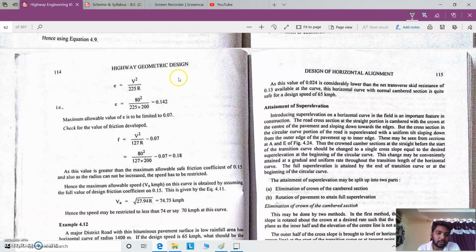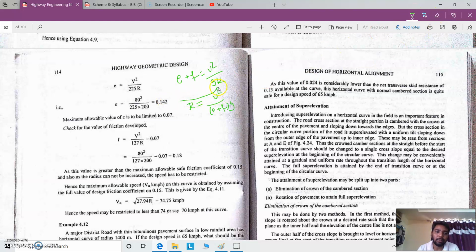In that case we can consider the formula e plus f equal to v square by gr. In this case R can be calculated by rearranging the terms: R equals V square by (e plus f) into g. Do remember this formula to calculate the ruling minimum radius.